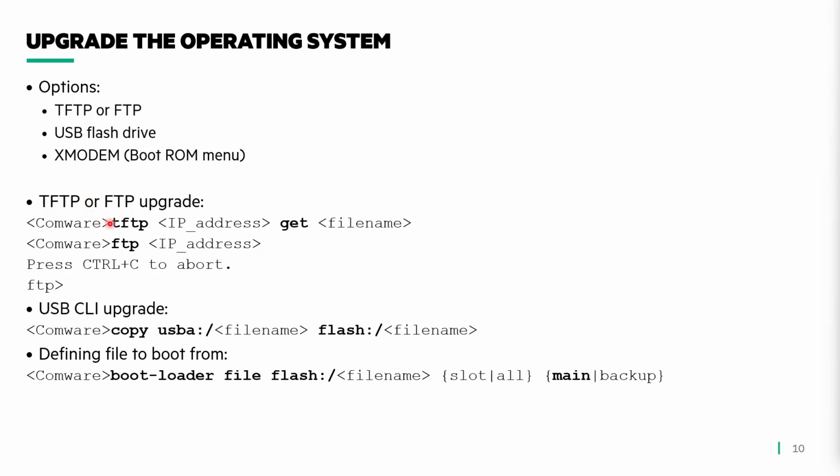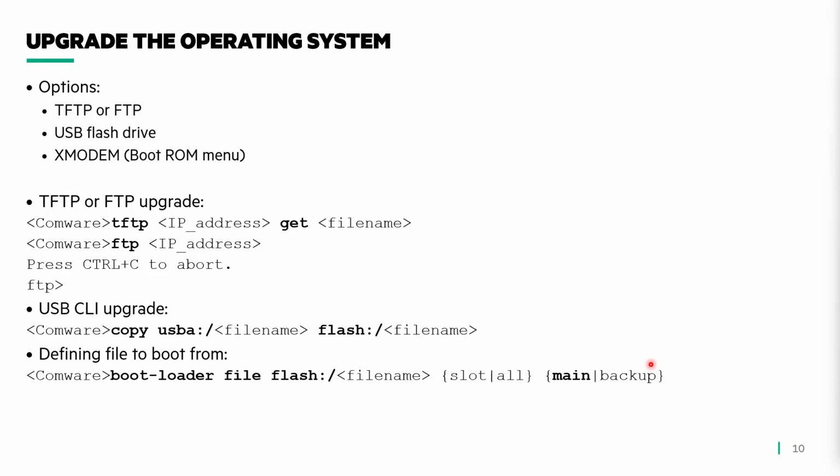You can use TFTP or FTP, and you can use the memory stick, and then define which bootloader. Now this command, because you might have multiple binary operating system files in the flash, and you're going to define which one is the main one, and if need be, as an option, which one is the backup one.